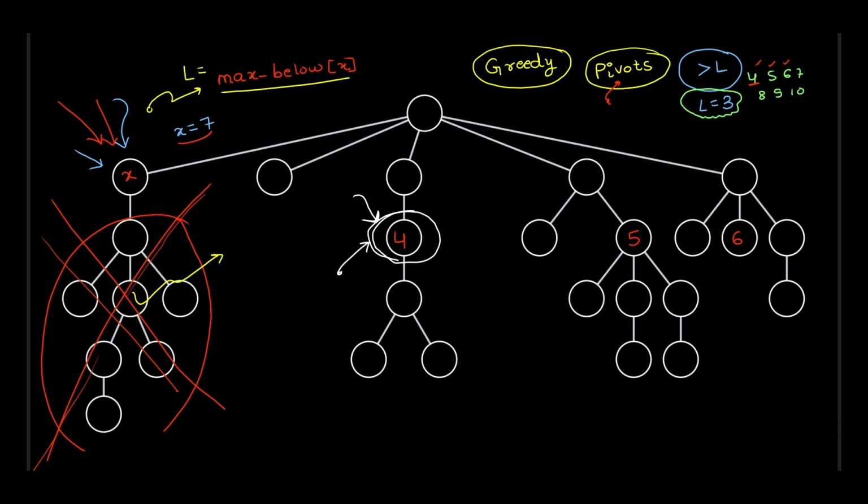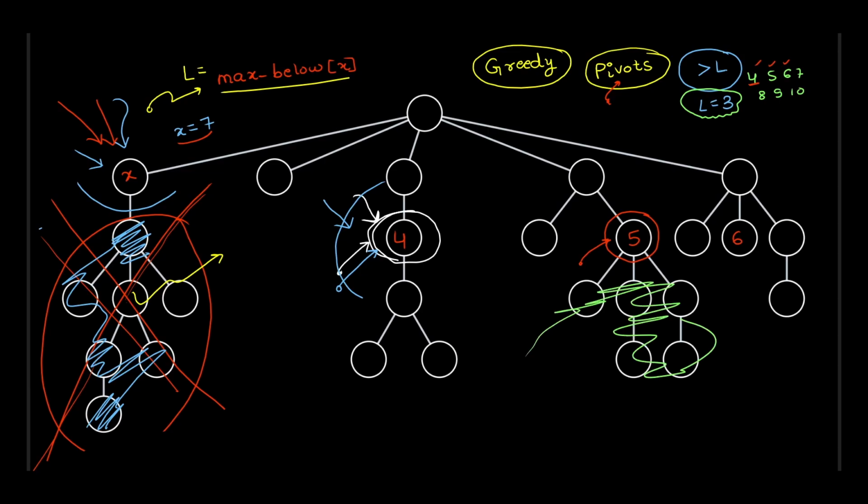Because if there is indeed a world in which this element can be converted to a leaf, then you can lock down this leaf, and then you can keep on deleting the entire thing, and then you can expose this and this in a competition, and then this would win. Similarly, if there is a world in which this 5 can be exposed as the maximum leaf, this means that there is some way for you to delete all of these leaf vertices and expose 5 as the maximum leaf.